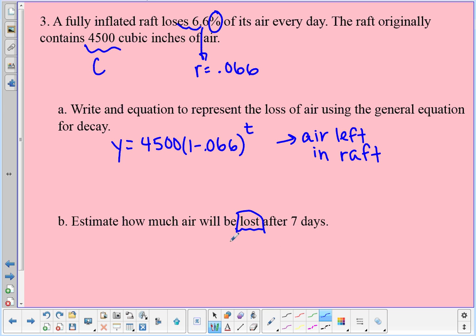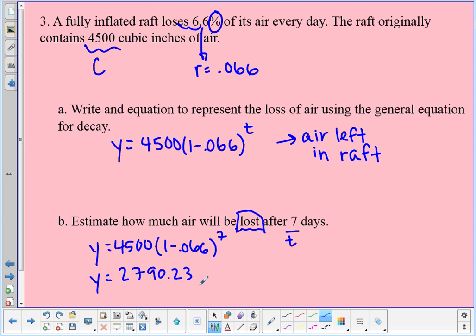One, I'm going to figure out how much air is left after 7 days. That's going to be my t. So y equals 4,500 times 1 minus 0.066 raised to the 7th power. When I type that in, I get y equals 2,790.23.